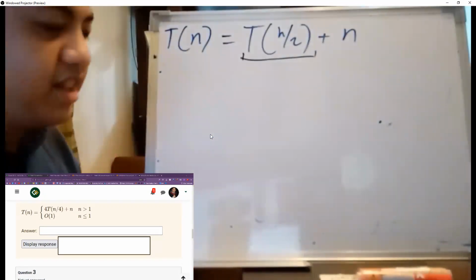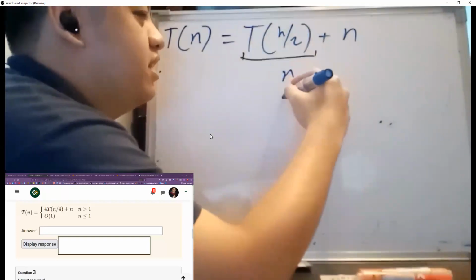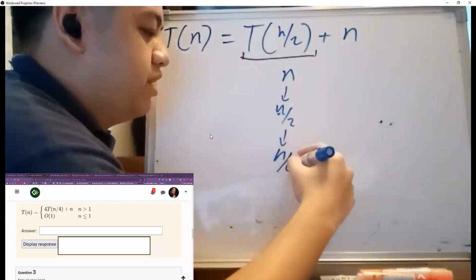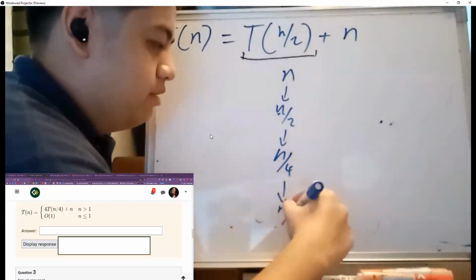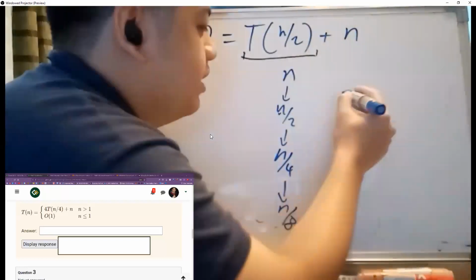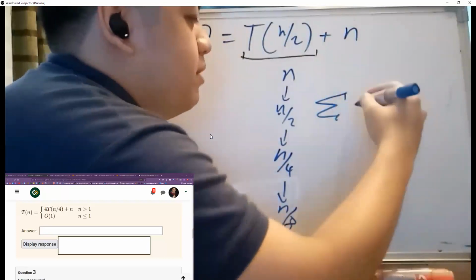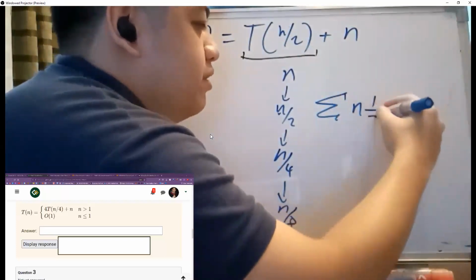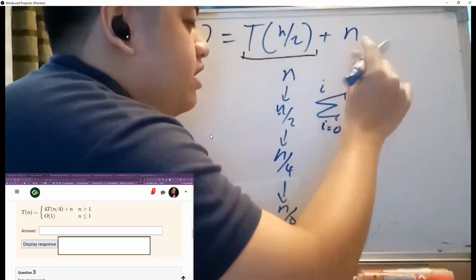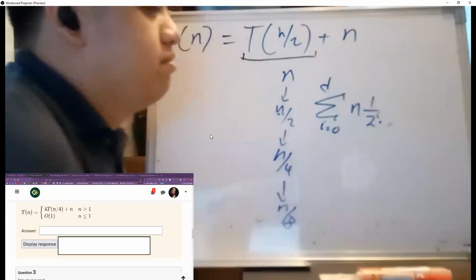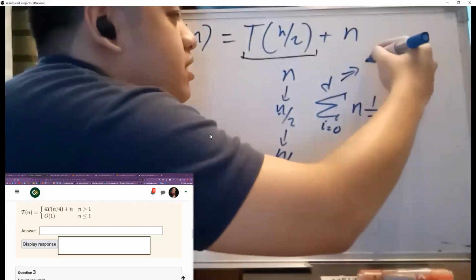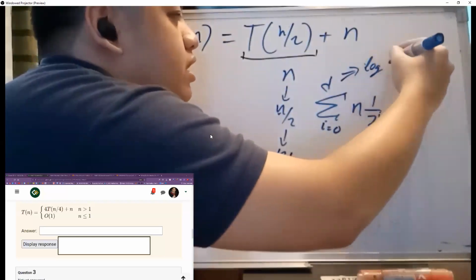So, magsa-start ka lang with n, magiging n over 2, magiging n over 4, magiging n over 8. Makukuha nyo lang dito is yung same term, summation ng n times 1 over 2 to the i, i equals 0 hanggang yung depth natin. Pero makukuha nyo naman dito yung depth din natin is equal to log n.